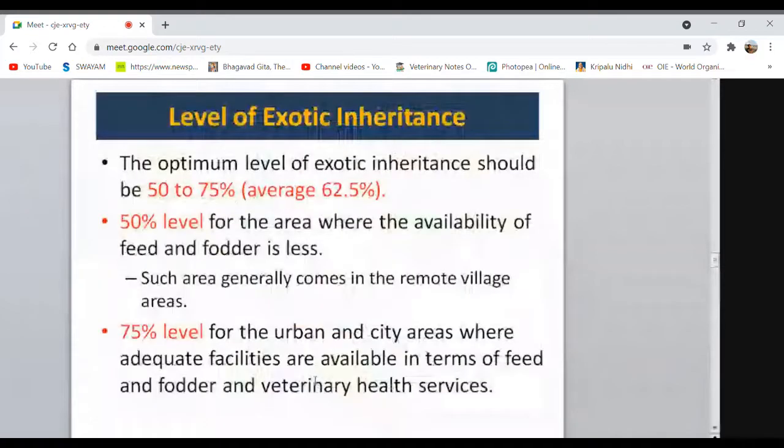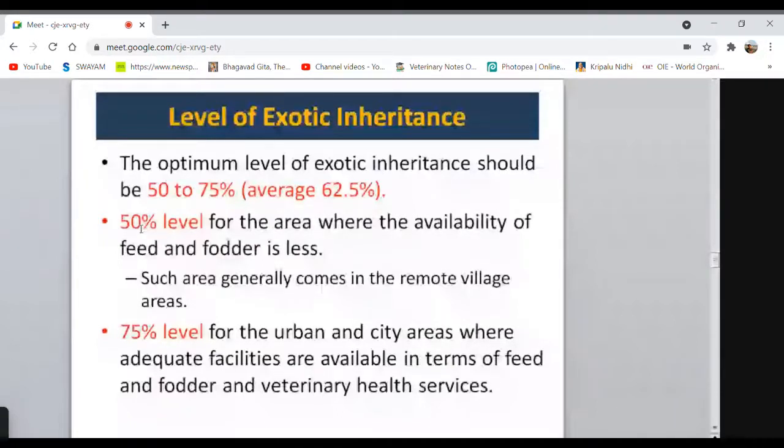Then, if we are doing this level of crossbreeding and all, what should be the exotic inheritance? So we suggested that it should be between 50 to 75%, or an average of 62.5%. Then, in which area should this 50% level be used?